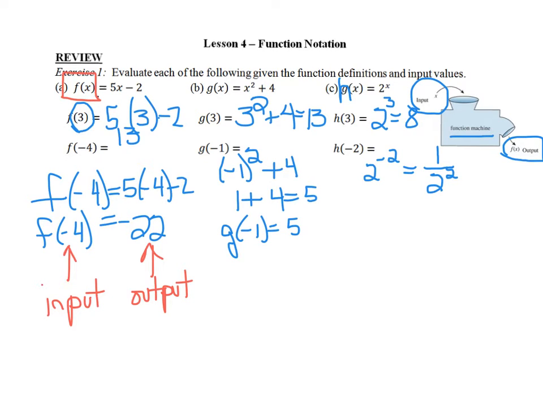You could take a second to test that on your calculator as well and see if you get the same result. 1 over 2 to the second power, of course, is 1 over 4. If you put 2 to the negative 2 into your calculator, you're probably going to get a result of 0.25. But of course, if you convert that over to a fraction, that is 1/4. So that tells me that when my input was negative 2, my output was equal to 1/4.